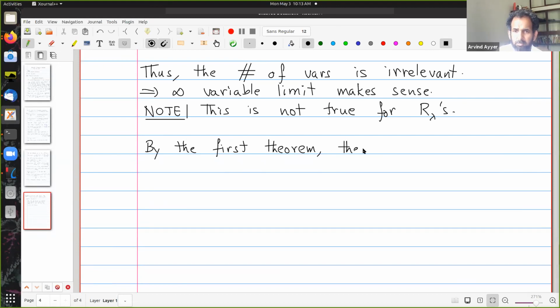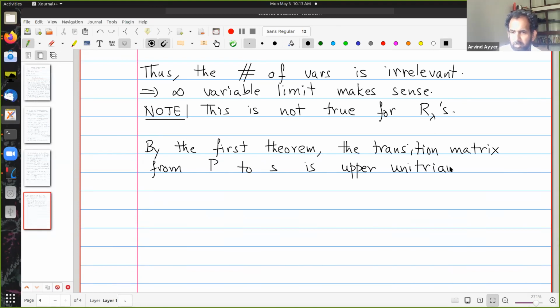The transition matrix from P to S is upper unitriangular, that is upper triangular with identity on the diagonal, and thus we have the following proposition, corollary if you like.